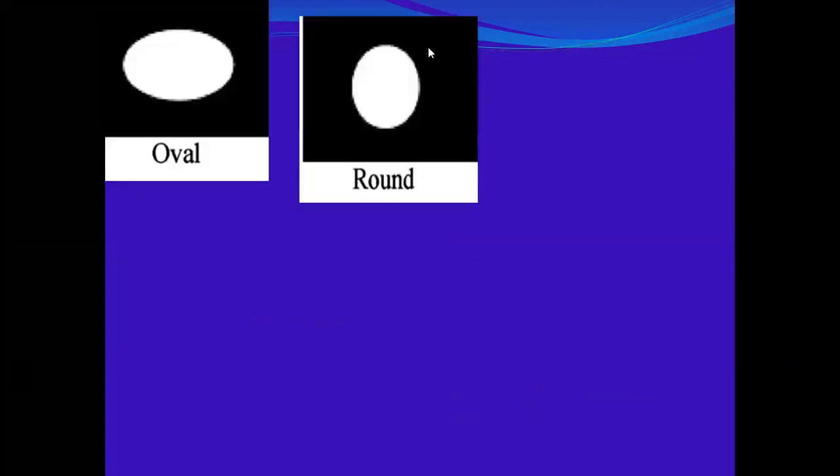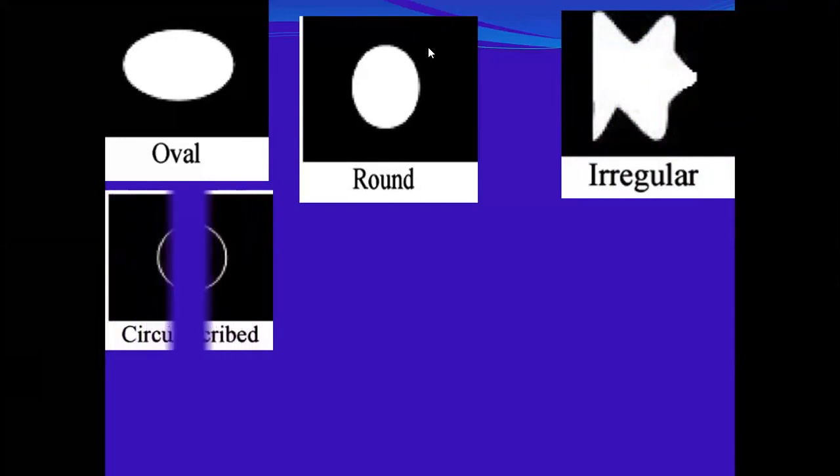Okay? We describe the mass mainly by its morphology as well as density, and regarding the location and size, like other lesions, we have to describe them and the associated features. But the main descriptors are morphology, which includes the shape, either regular, oval, round, or irregular, and the margins.